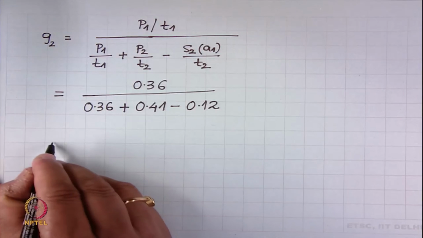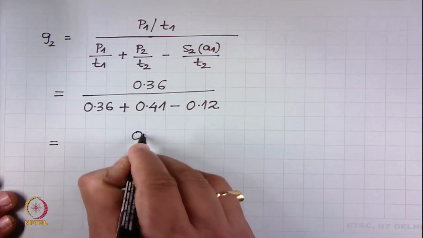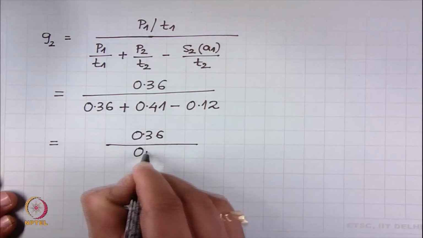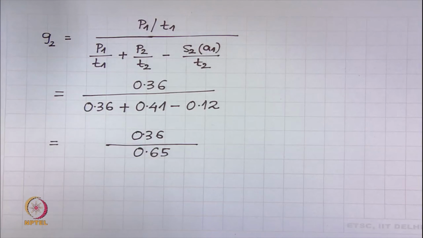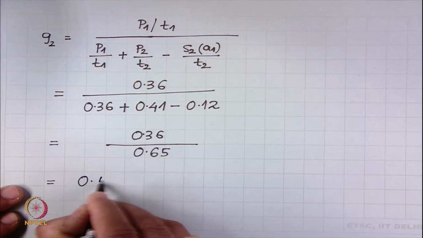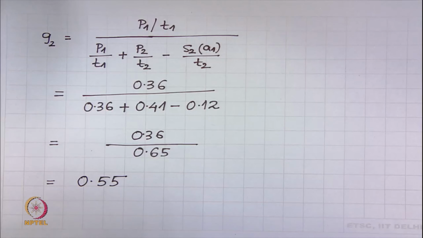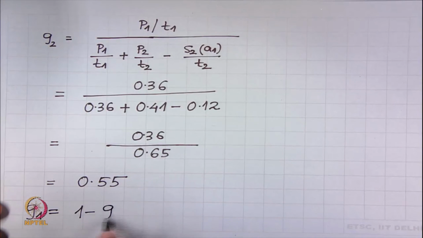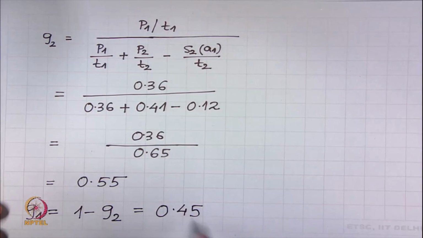So, this value will come as the ratio of 0.36 to 0.65, which is equal to 0.55. That means when G1 is 1 minus G2, 0.45.